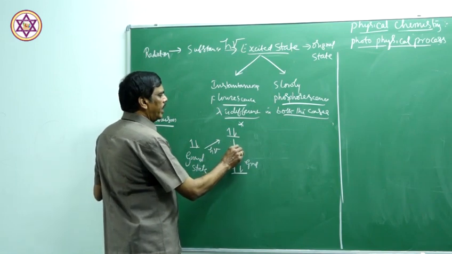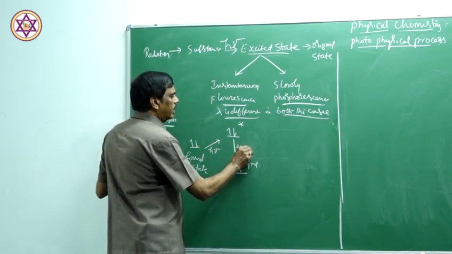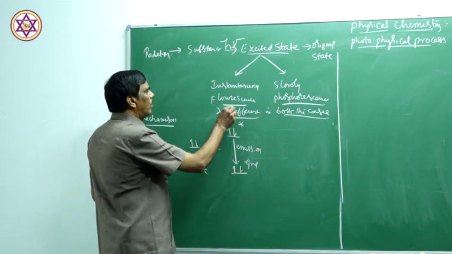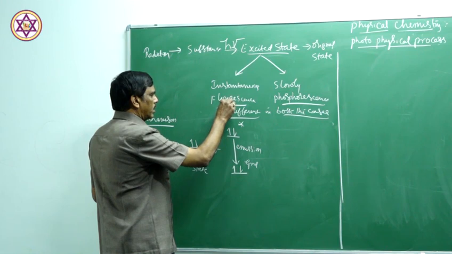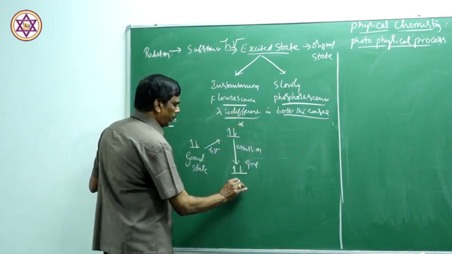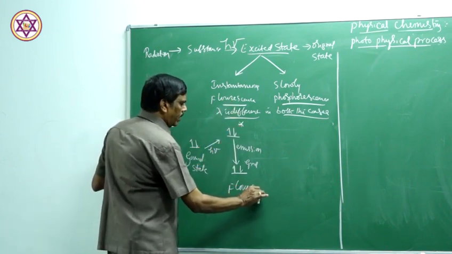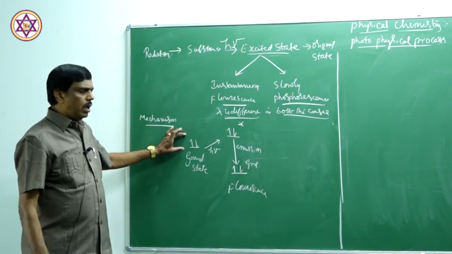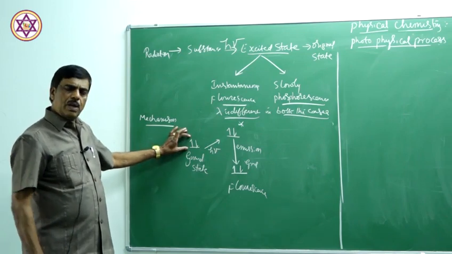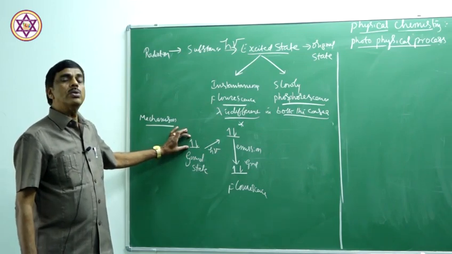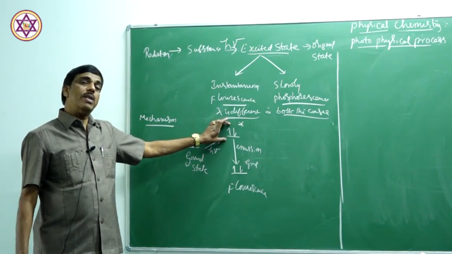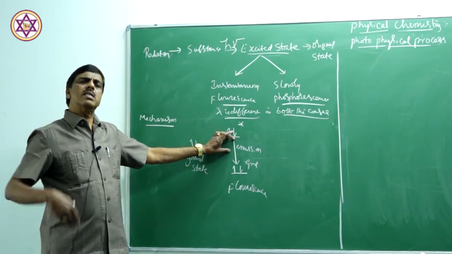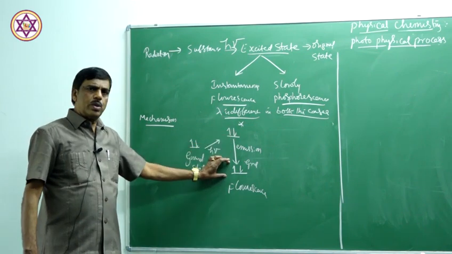So, this emission of radiation is instantaneous. This is the mechanism of fluorescence. In the fluorescence mechanism, the substance absorbs radiation. The pair of electrons in the outermost shell undergoes excitation, and the electron goes to the excited, higher energy state. In the higher energy state, it instantaneously emits the absorbed light and comes to the ground state.